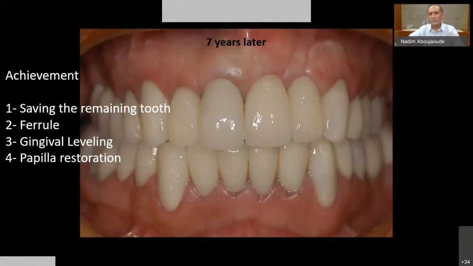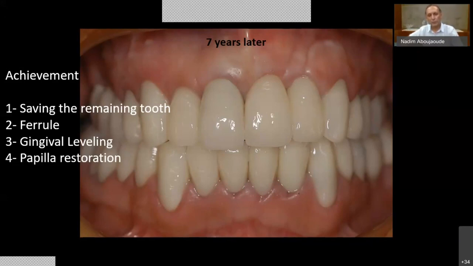To conclude my presentation, because the time has run out, and I'm sorry for the technical hiccups. I had more cases. The message is: don't extract the tooth. A failing tooth is not a useless tooth. We can always use it.